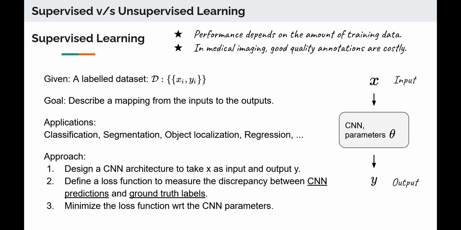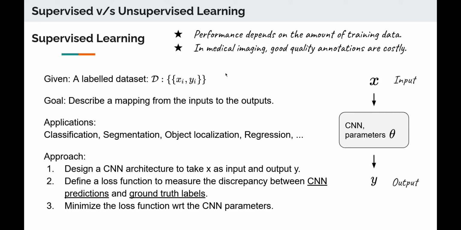What's important to note here is that for these methods to work well, we typically need access to a large data set of labeled images. If we don't have a large number of labeled images, then this mapping may overfit to the few labeled examples that we have, meaning it will give us good performance on those few labeled examples.